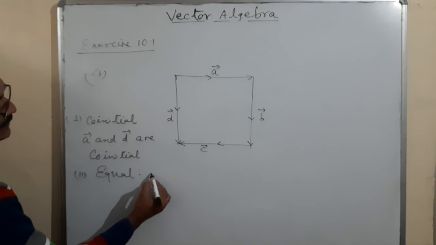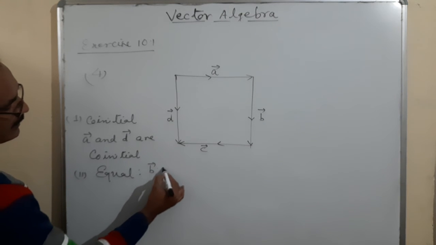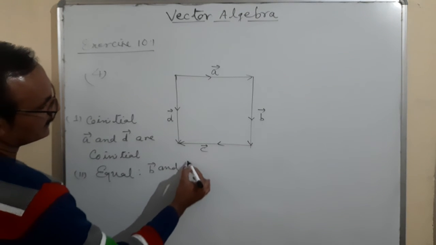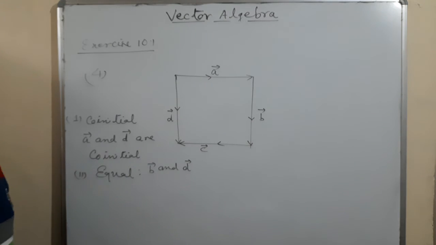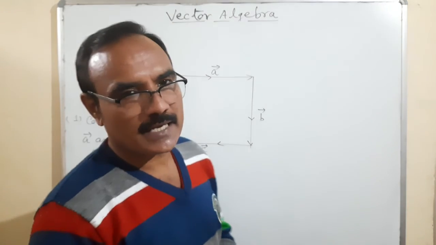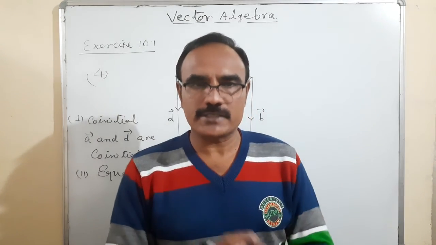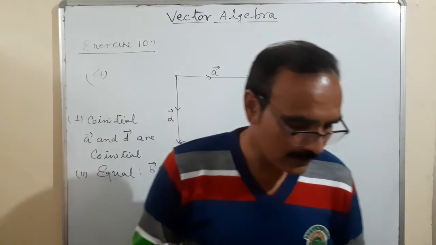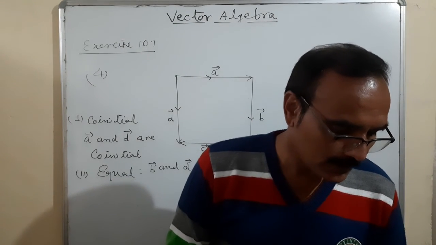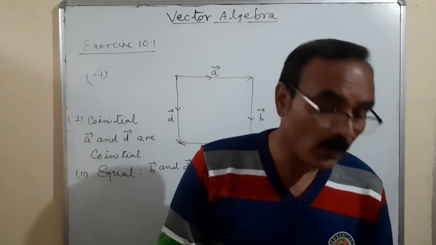So vector B and vector D having the same direction. Okay, they are called the equal vector because this diagram is a square, and a square, what does it mean? All 4 sides are equal. So they are equal.